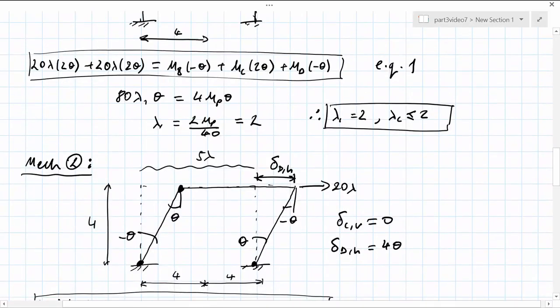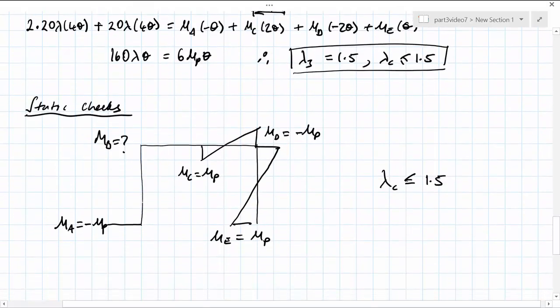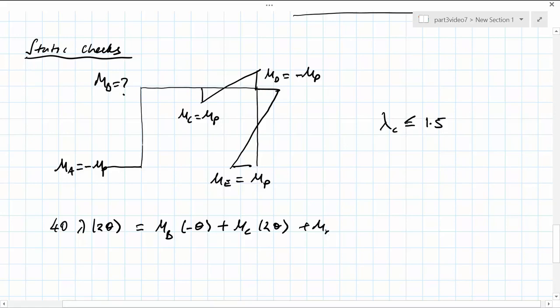So MB needs to be checked, and we can do this using equation 1 because this features MB, and we can substitute in the values for the remaining components from the third mechanism. So we have 40 times lambda times 2 theta is equal to MB times minus theta plus MC times 2 theta plus MD times minus theta.